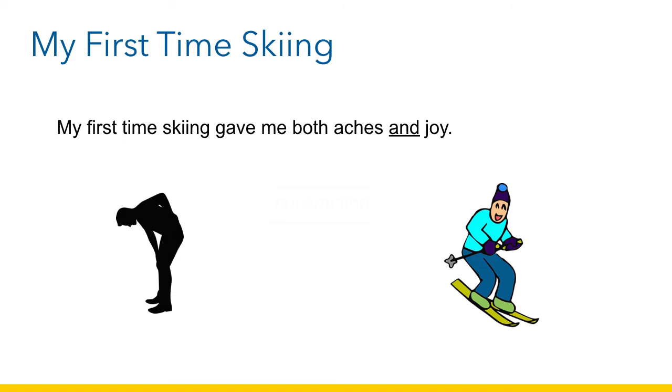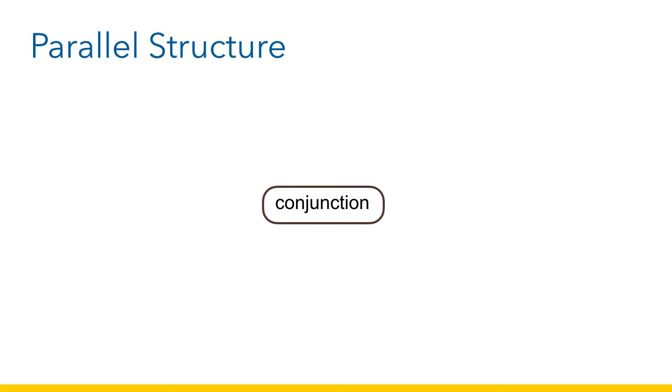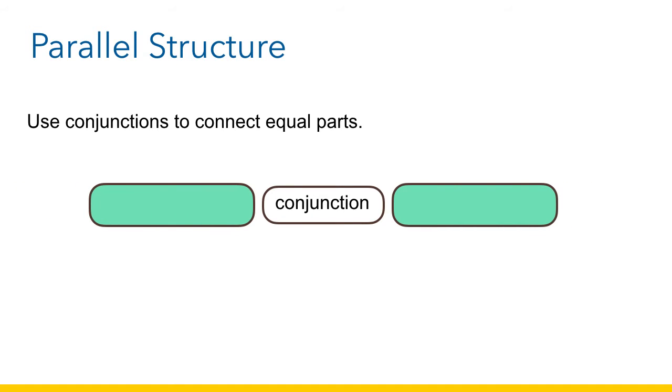Now that you've seen some good examples of conjunctions in sentences, let's talk about something called parallel structure. When we use coordinating conjunctions like and, but, and or, we use them to connect equal parts. Parallel means equal or similar.